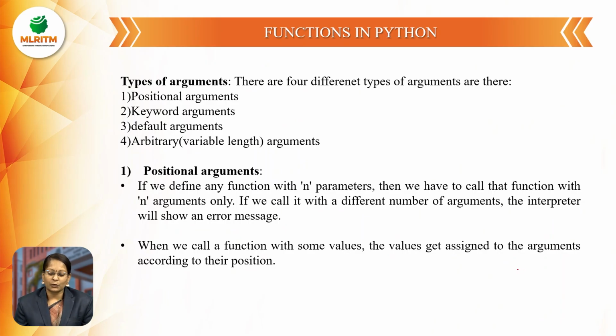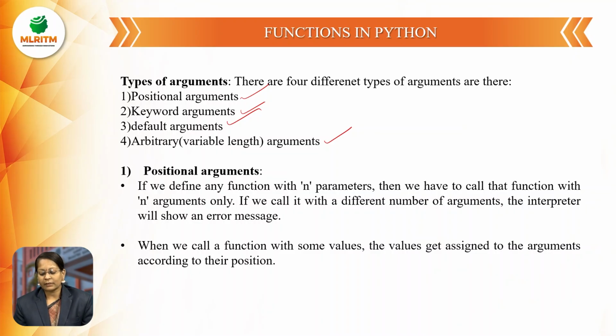Next, types of arguments. In Python, we have 4 types of arguments: positional arguments, keyword arguments, default arguments, and arbitrary variable length arguments. First we have to discuss the positional arguments. If we define any function with n parameters or arguments, then we have to call that function with n arguments only.